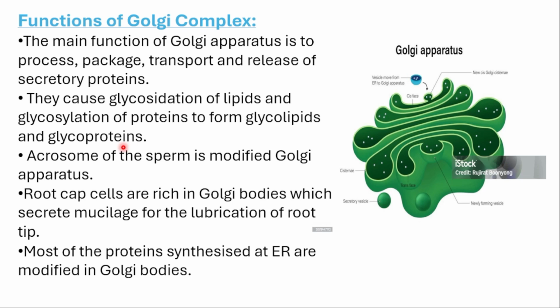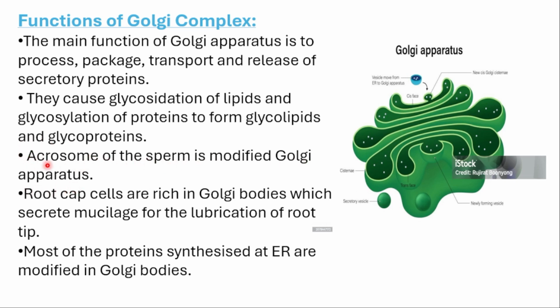That's nothing but a much more difficult thing. Okay, now if lipids formed from the SER are received by the Golgi, they are going to form glycolipids. Proteins are going to form glycoproteins. Okay, now they are going to be modified. The acrosome of a sperm is a modified Golgi apparatus.